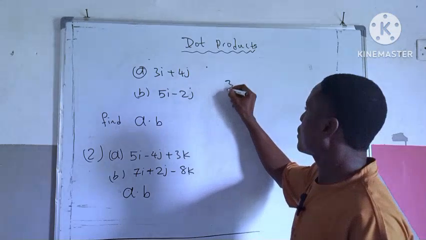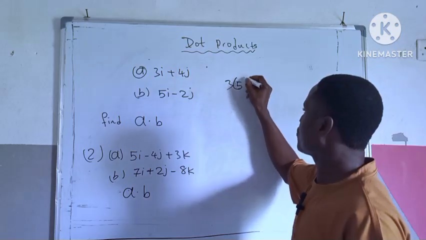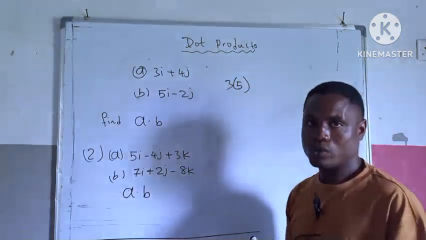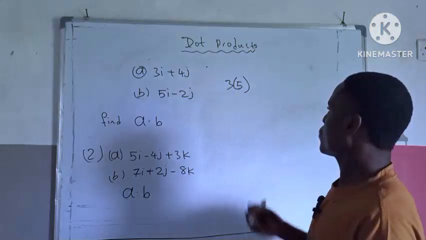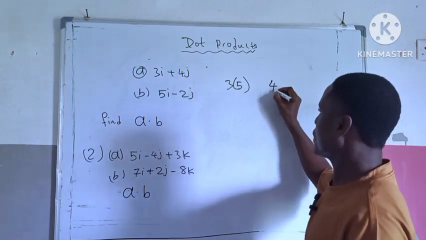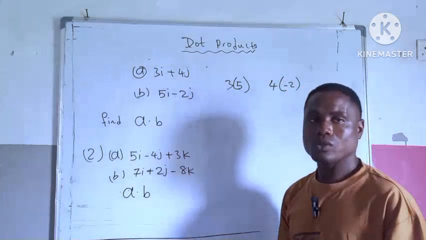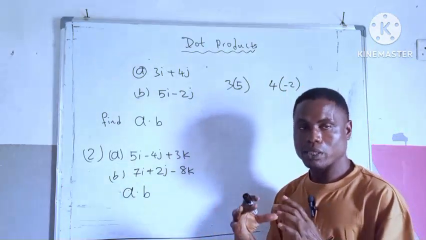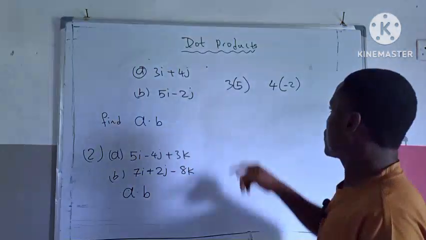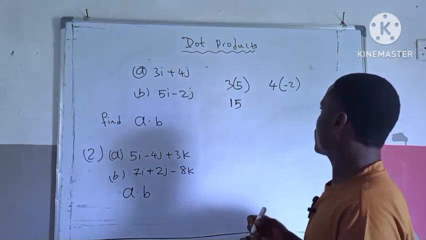So this is what we do. That is 3 multiplied by 5. This is the first one. Then the second one is 4 multiplied by minus 2. You solve them separately, then you bring them together. So 3 times 5 is 15.